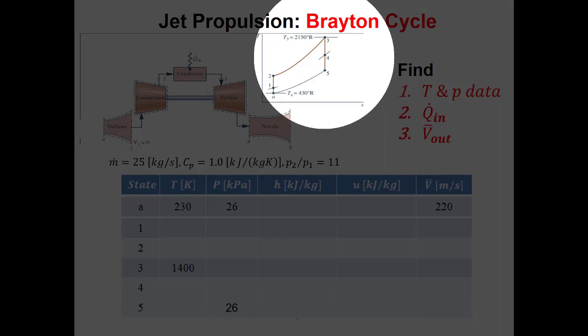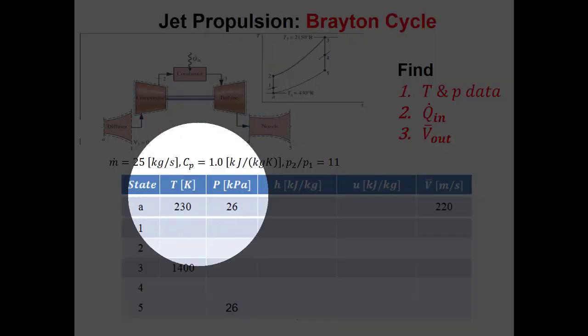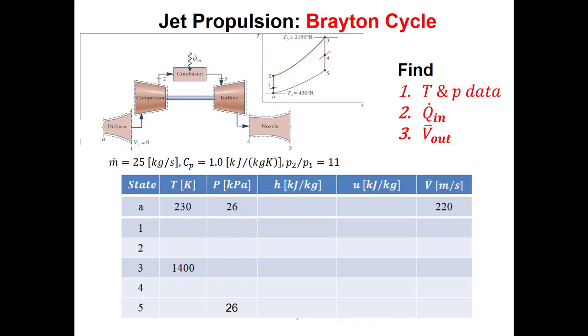So we'll go to a different state 4 than we'd maybe be used to seeing if this was a normal Brayton cycle. We're asked to fill in the temperature and pressure data on my state table. So basically we'll fix all the states throughout our whole problem, even though we're not given all that much information to begin with. We're asked to find the heat transfer in and the velocity at the exit of the nozzle.